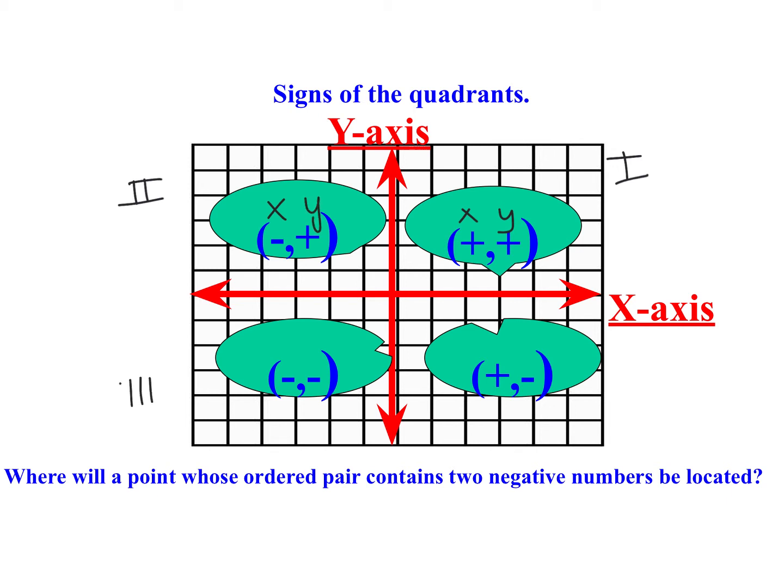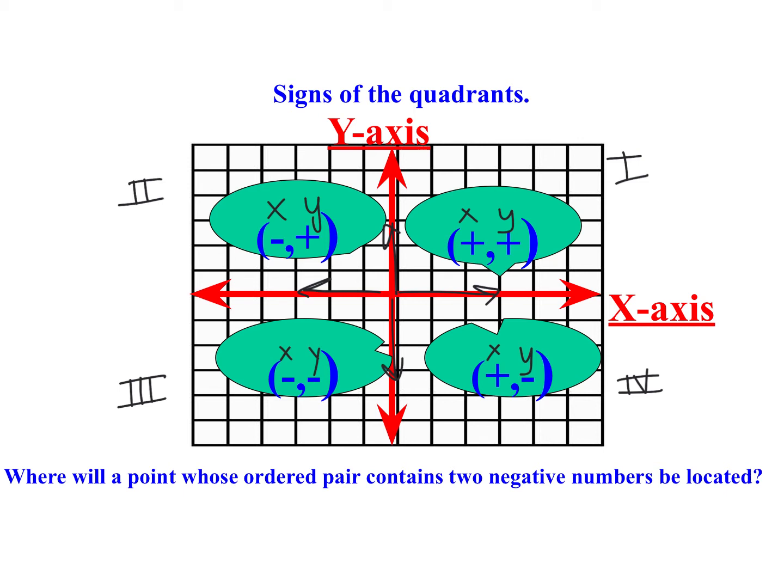Going to quadrant number 3, the x-coordinate will always be negative and the y will always be negative. So negative, negative. And then in quadrant 4, x is positive and y is negative. And that's just remembering if we're going to the right or to the left, up or down, how that affects our integers.